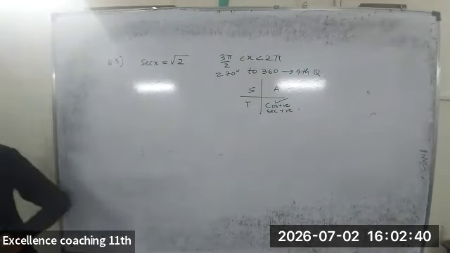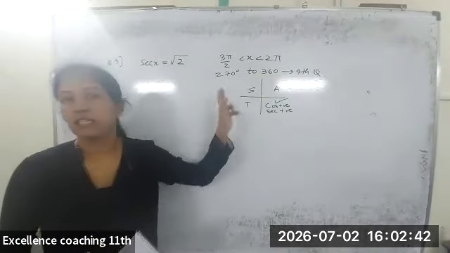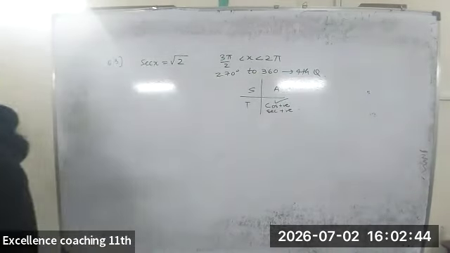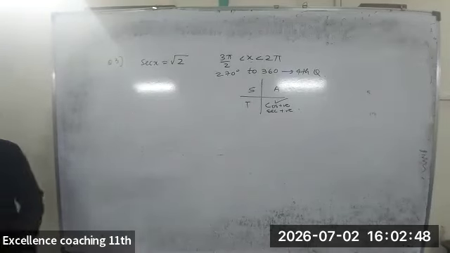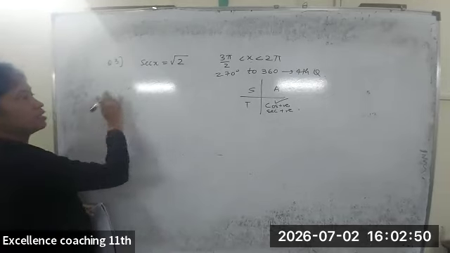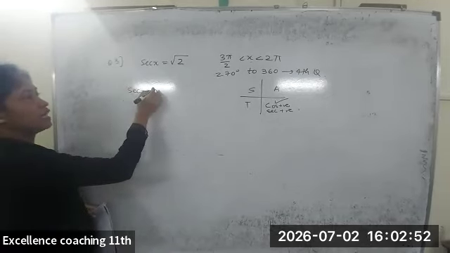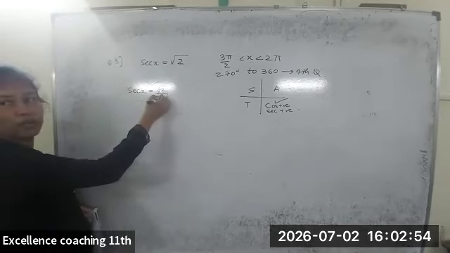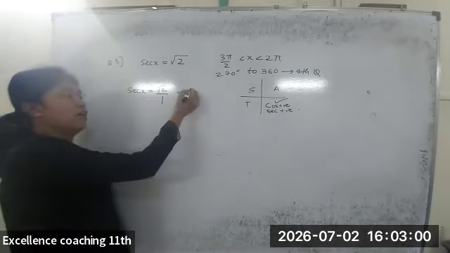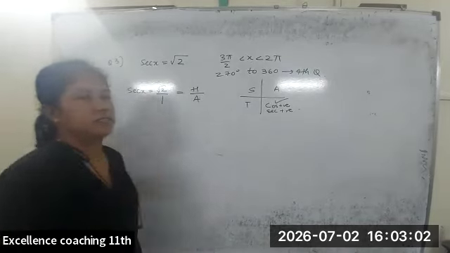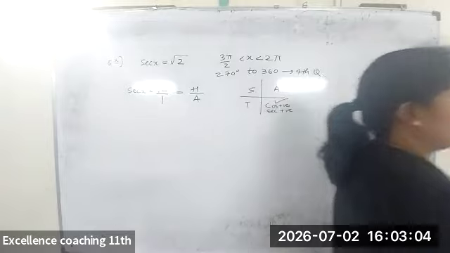So in all silver tea cups, C is for cos, and the reciprocal of cos is sec. Now sec x, if nothing is there, what do you have to take? Upon 1. Consider it as upon 1 and then solve. So this is your hypotenuse, this is the adjacent.